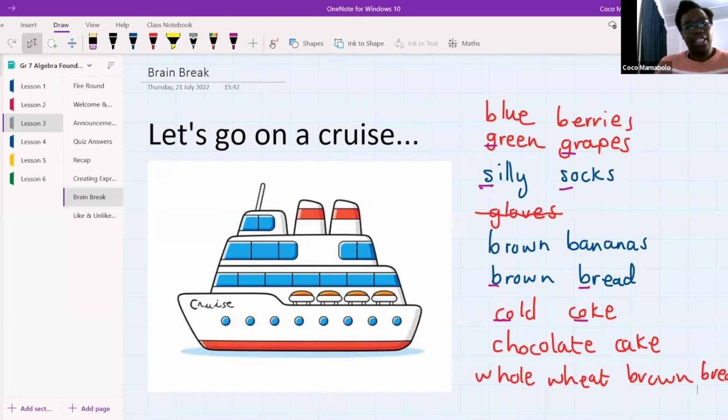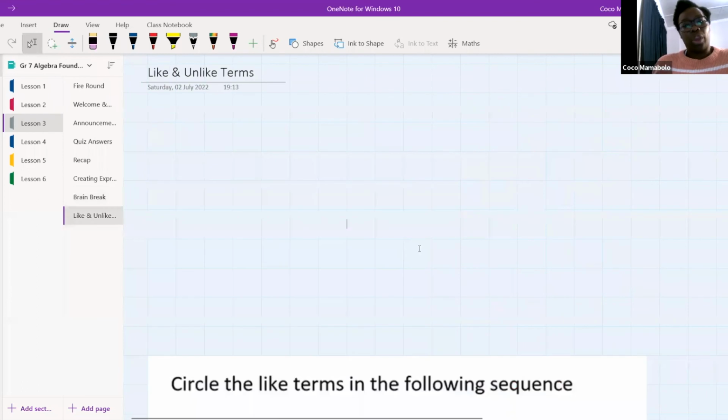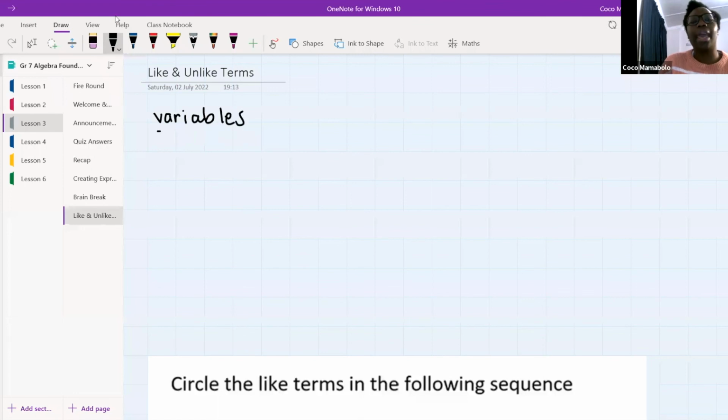All right. Okay. So we're going to be learning about things called like and unlike terms. Okay. And when we talk about like and unlike terms, we're talking about variables. And I know that you guys know very well what variables are because you guys have told me in the chat so many times, yes, ma'am, you've talked about variables forever and ever.